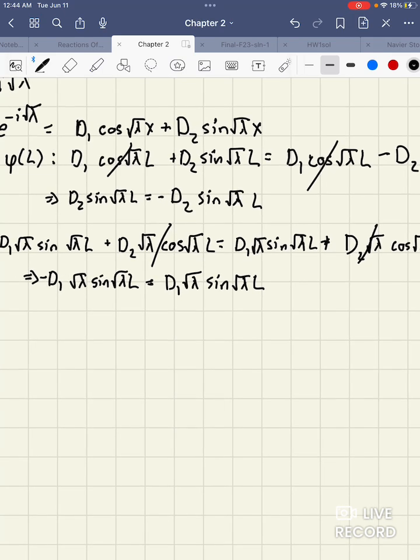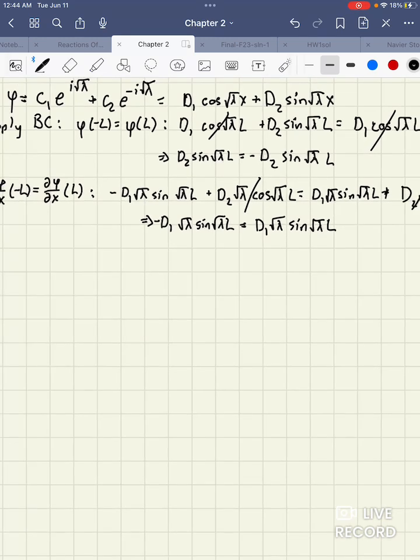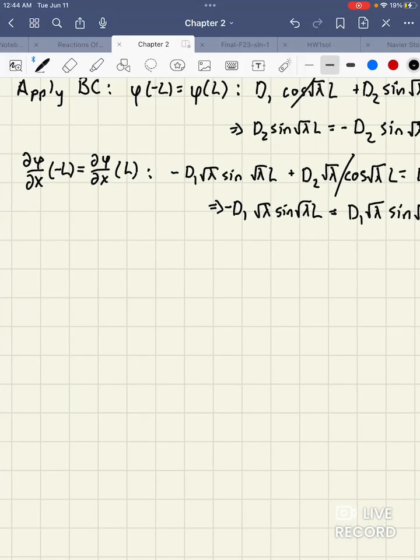Now we have both of the cases. We got that these two are equal to each other. So if we take both of them to one side, in both cases I get d2 sine square root lambda L is equal to 0, or d1 sine square root lambda L is equal to 0.